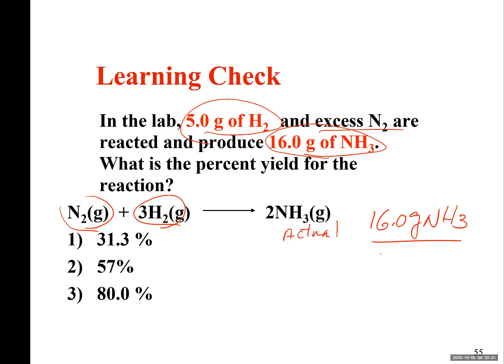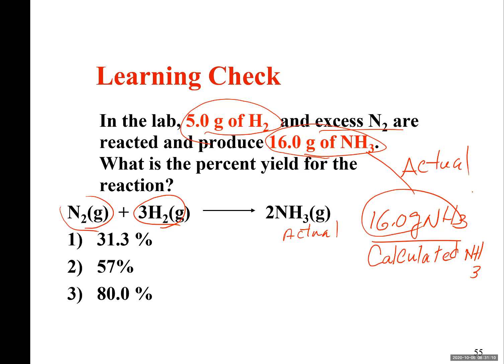Do I need to get the theoretical amount? How do I get the theoretical amount? Calculation, right? Calculated amount of NH3 divided by actual. This is the actual. And then I have to multiply this by 100 to get percent per 100. So is this the formula for yield?